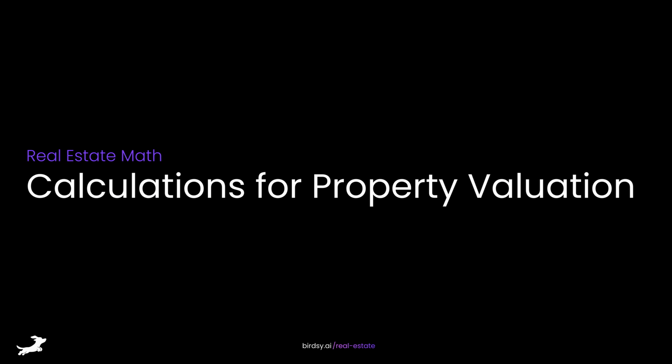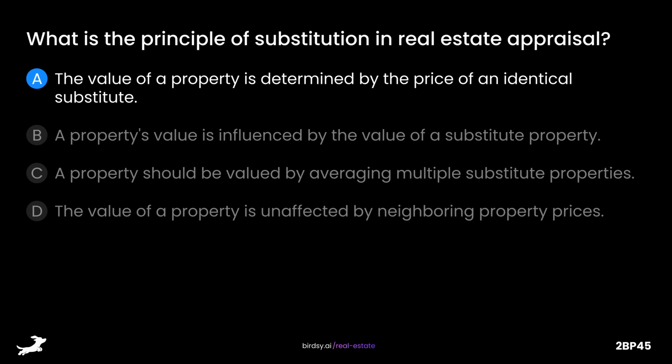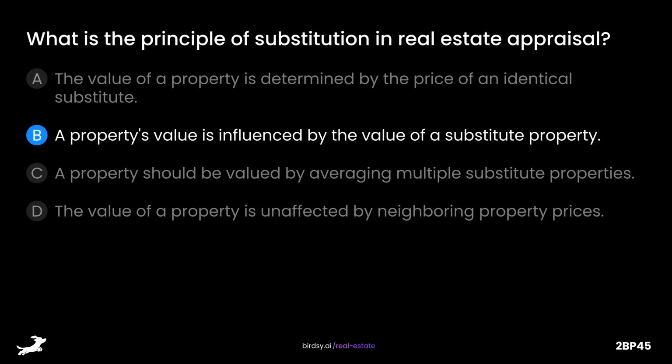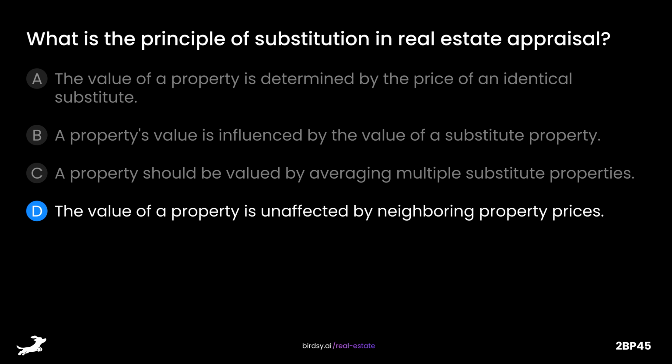Calculations for property valuation. What is the principle of substitution in real estate appraisal? Is it A, the value of a property is determined by the price of an identical substitute, B, a property's value is influenced by the value of a substitute property, C, a property should be valued by averaging multiple substitute properties, or D, the value of a property is unaffected by neighboring property prices?